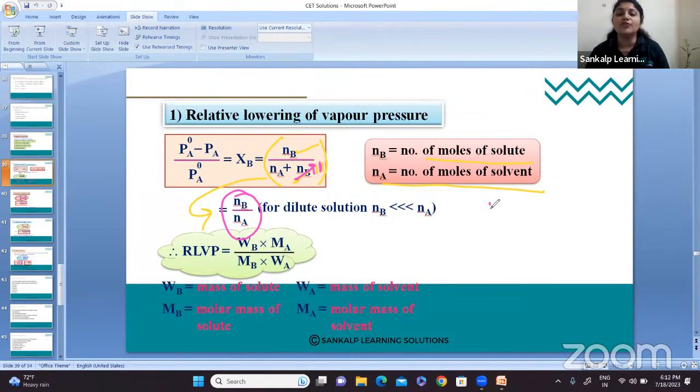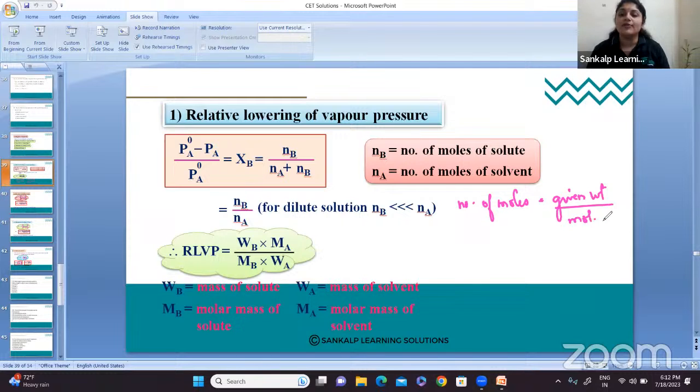You know how to find the number of moles. Number of moles is equal to given weight upon molecular weight.